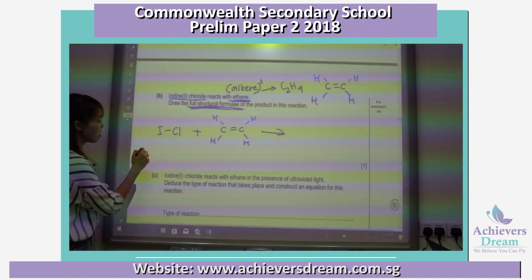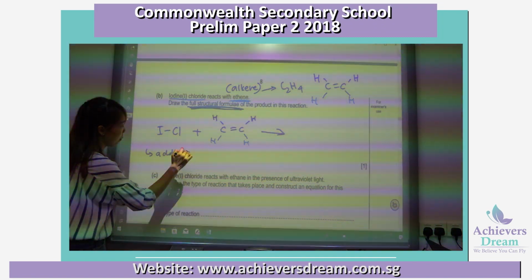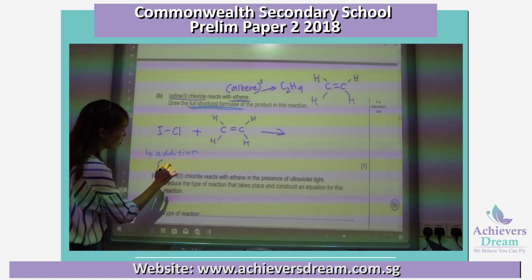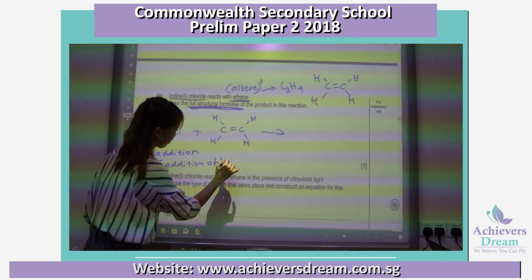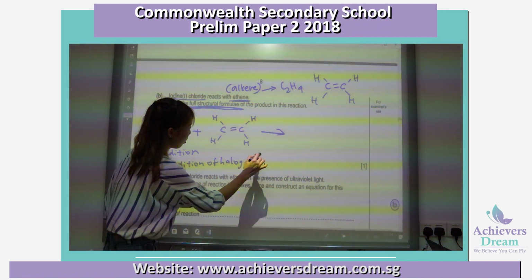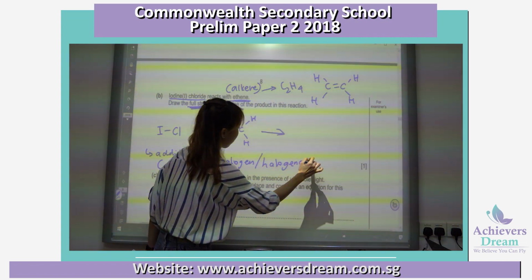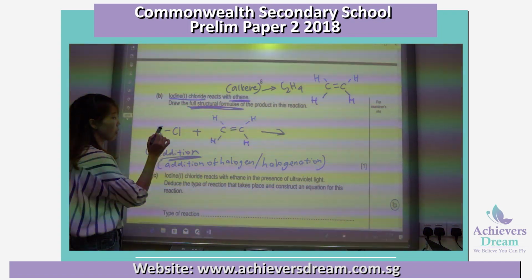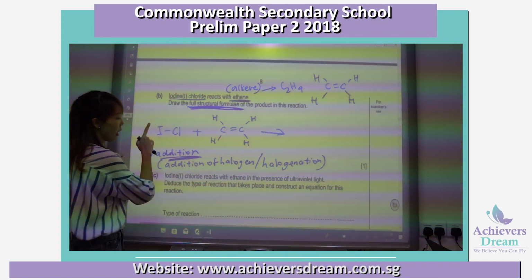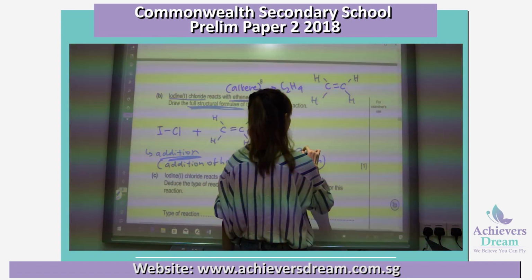This is an addition reaction. More specifically, addition of halogen, or halogenation. So this is an addition reaction. There's addition of halogens to your alkene to form an alkane.